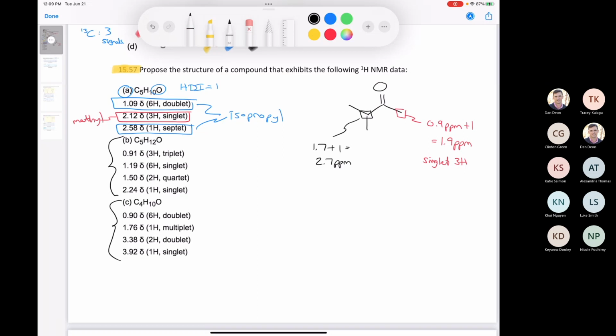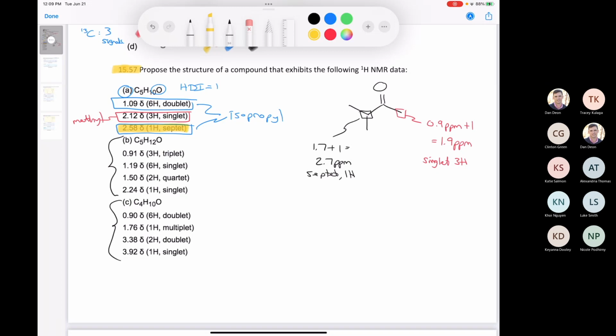And we have an integration of 1, so it's 1 proton, but it's coupled next to 6 protons, so we would have a septet that integrates for 1 proton. And so that would be the signal at 2.58. Again, it's not exactly at 2.58, but it's very close to 2.5. So it will certainly suffice.